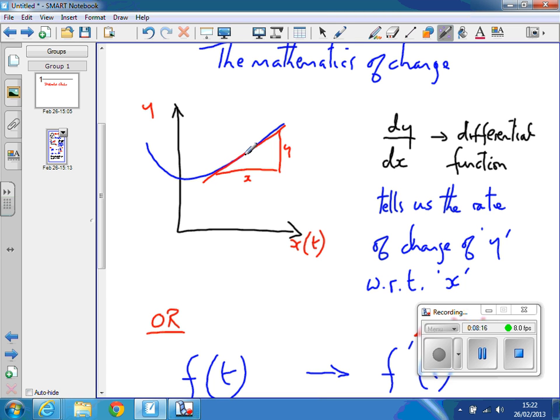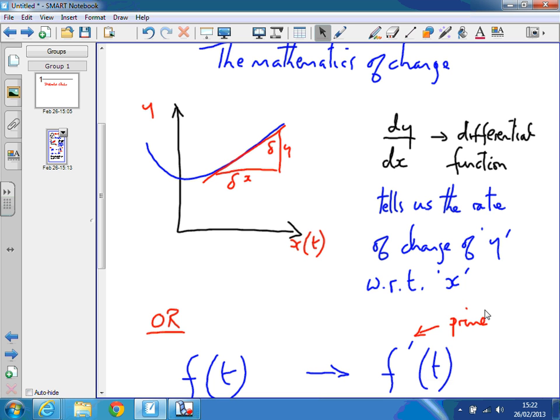And we get this delta y, the small change in y, over delta x, the small change in x. So that's what that's about. But we're not going to go into these first principles. We're just going to write down the rules. Okay? But these rules, once we've got them, will tell us the rate of change of y with respect to x, which is the gradient of the curve at a point.